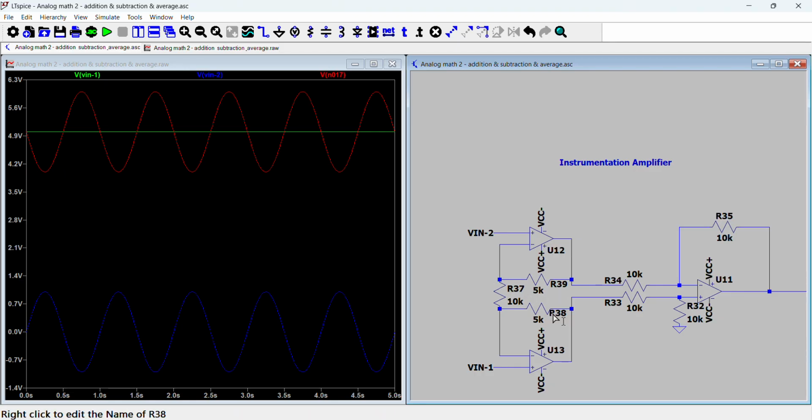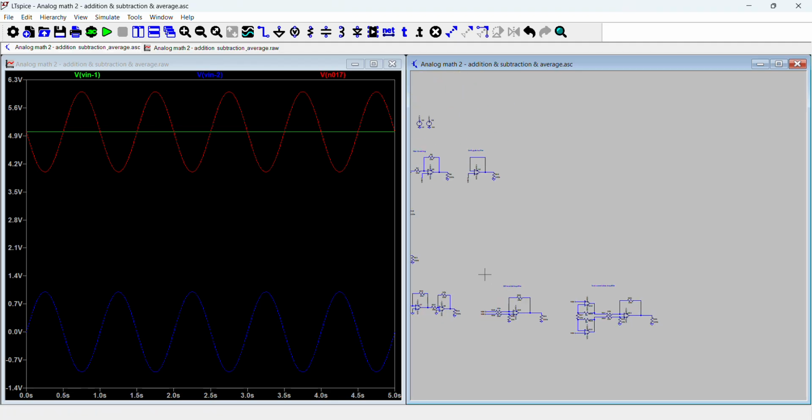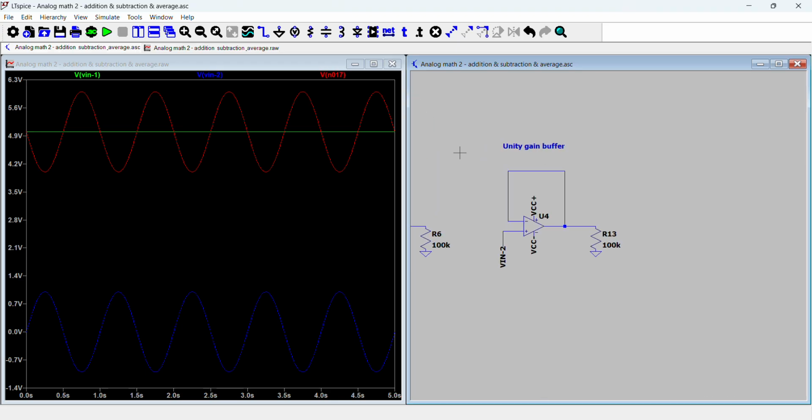So to understand how this stage works, first let's think about what we could do to not have this stage. If we wanted to normally buffer these two input voltages, we could simply add two of these unity gain buffers, right?